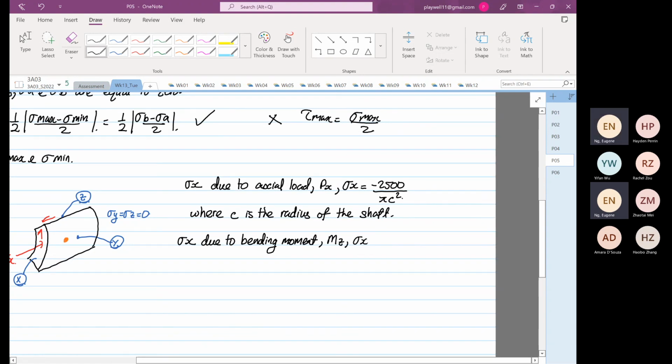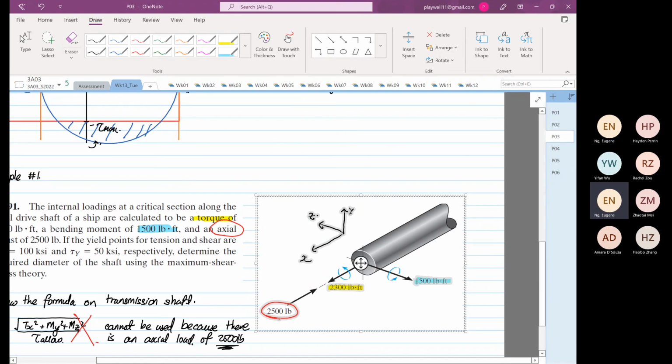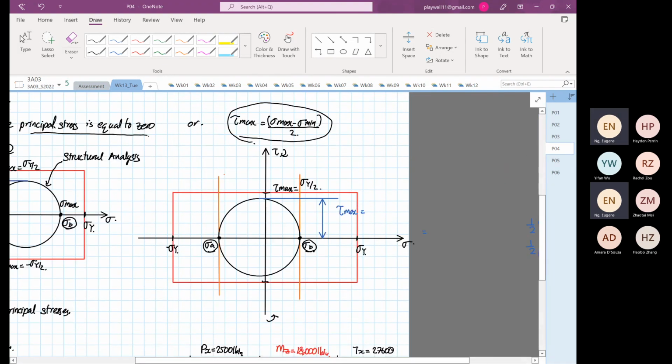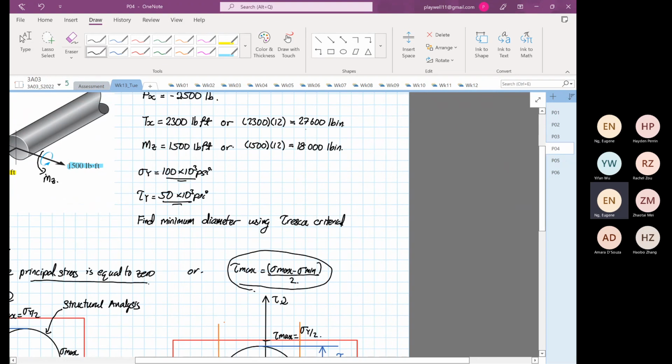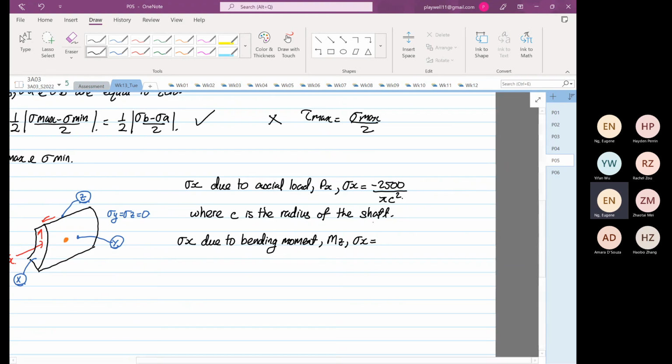So this is equal to stress x due to moment. We calculate the moment, what was it? Mz moment is 27600. My over I, where y is equal to c, and I, second moment of area, is pi over 4 c to the power 4.